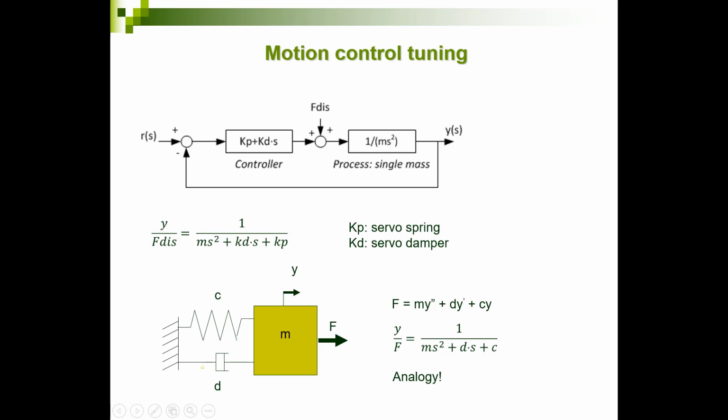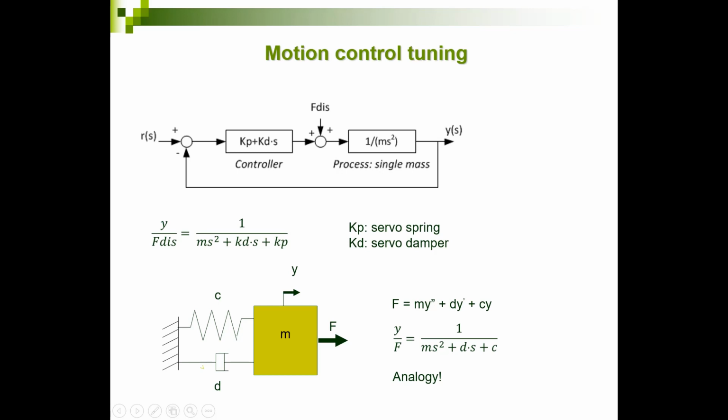So what I've realized by having a proportional derivative controller, PD controller, acting on a single mass system, is that I created, in fact, an electronic spring and an electronic damper, because I have the same relationship as in this system. And you can feel that in practice. For instance, when you make this controller and you set that set point to 0, please turn the motor shaft by hand and you feel that servo spring, which is caused by that Kp.